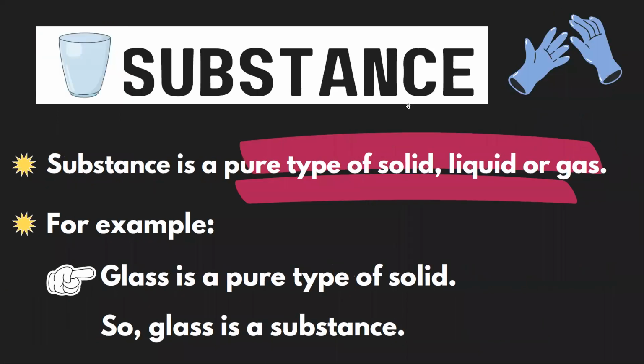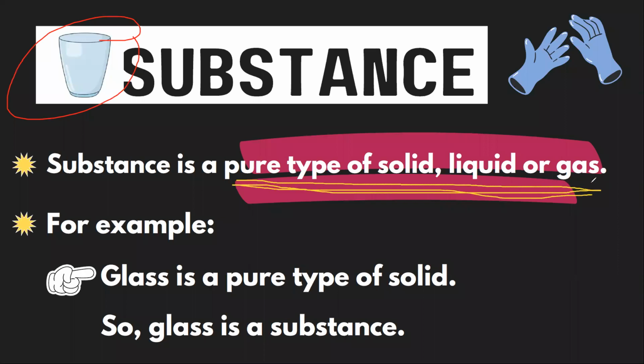Let's look into what a substance is, and why did I put a picture of a glass here? A substance is a pure type of solid, liquid, or gas. Earlier we talked about material, a mixture of different substances.